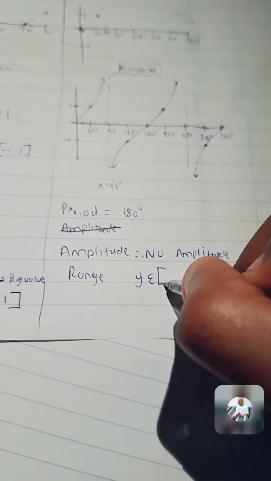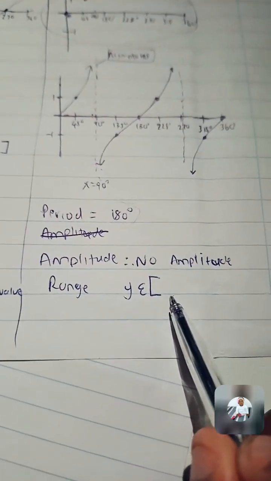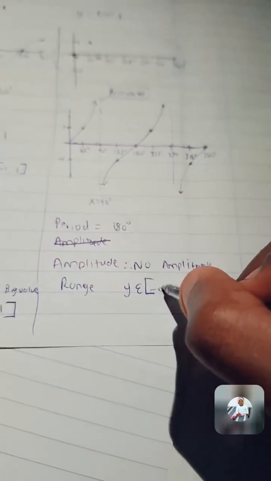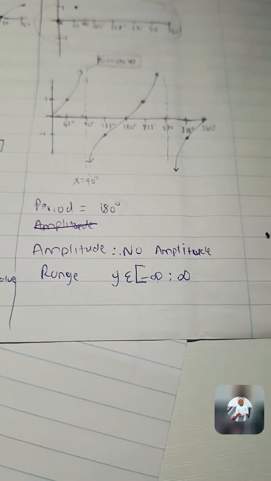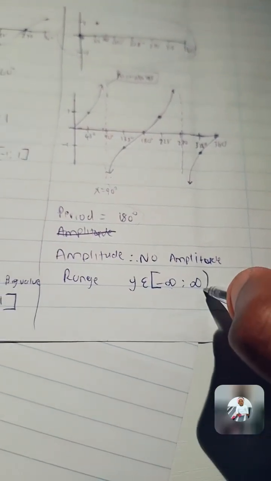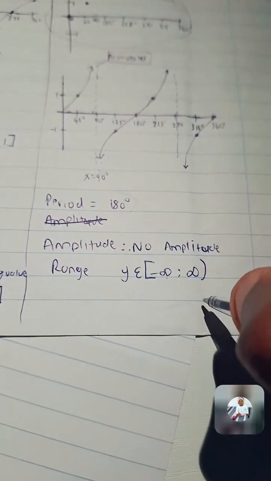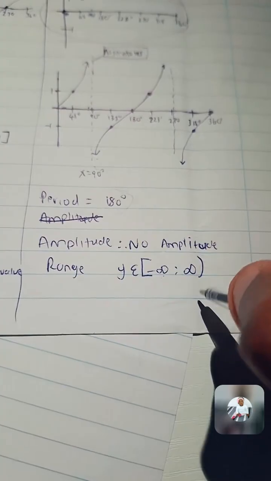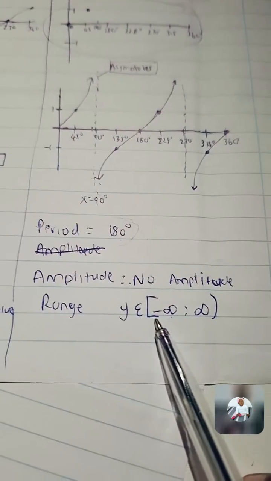Is it square? Yes. Then negative infinity to positive infinity. And then I think you put the curved bracket. The curved ones. I'm not sure. Okay, no, that's fine. We are going to be sure, don't worry.